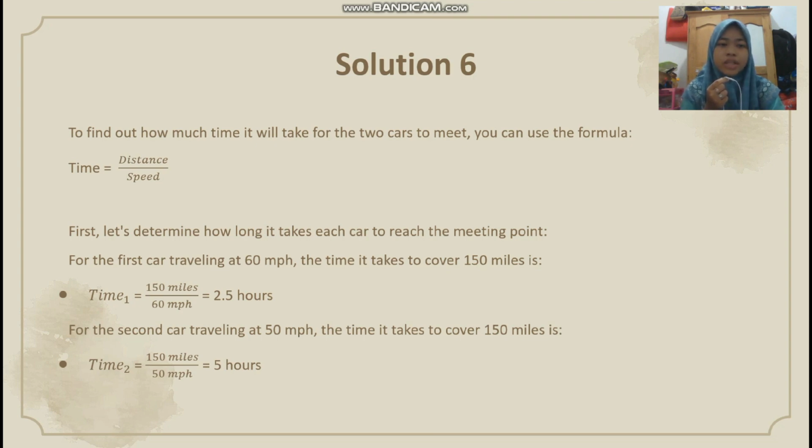For the first car traveling at 60 miles per hour, the time it takes to cover 150 miles is time 1 equals 150 miles divided by 60 miles per hour, equals 2.5 hours. For the second car traveling at 50 miles per hour, the time it takes to cover 150 miles is time 2, 150 miles divided by 50 miles per hour, equals 3 hours.